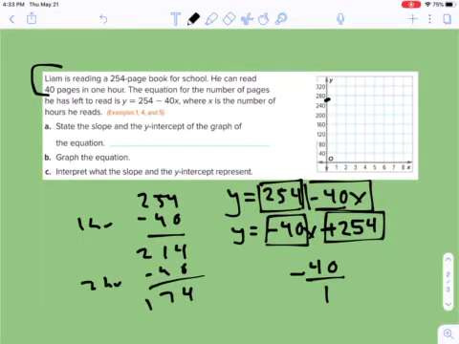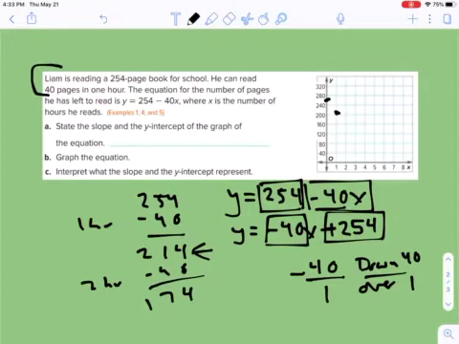So that means this goes down 40 and then over to the right 1. If it's at 254, you go down 40, which puts you at 214. Then I go over 1, and that's going to put me right about there. So I've got 2 points.